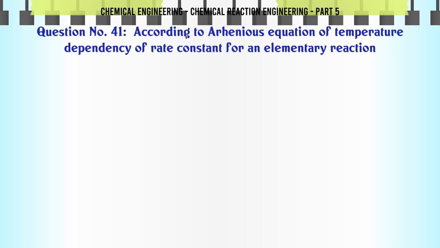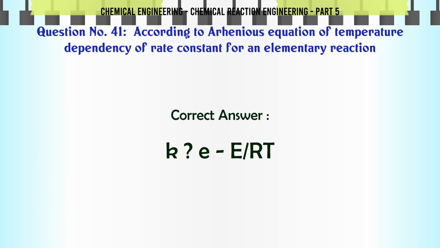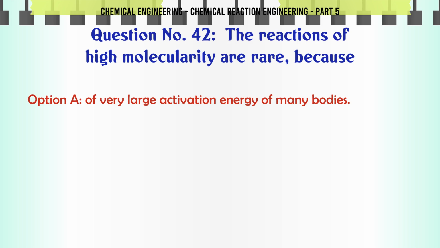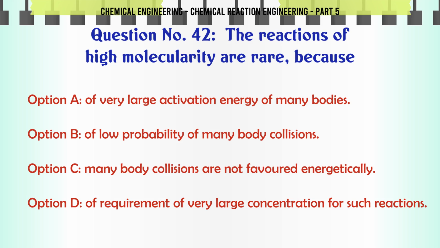According to Arrhenius' equation of temperature dependency of rate constant for an elementary reaction, A. K ∝ T. B. K ∝ e^(−E/RT). C. K ∝ T e^(−E/RT). D. None of these. The correct answer is K ∝ e^(−E/RT). The reactions of high molecularity are rare because A. Of very large activation energy of many bodies.